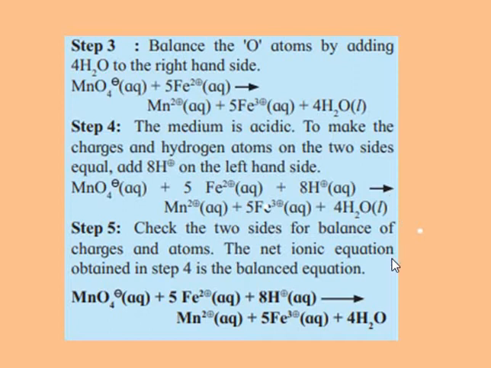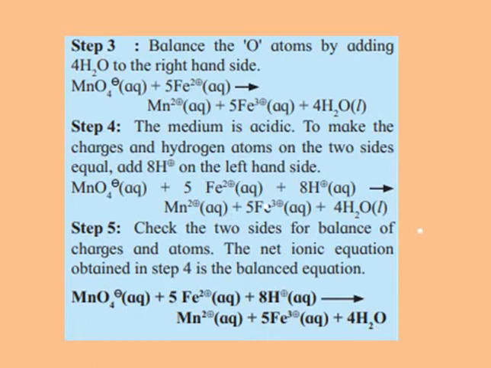Writing it once again: MnO4- aqueous plus 5 Fe2+ aqueous plus 8H+ aqueous gives Mn2+ aqueous plus 5 Fe3+ aqueous plus 4H2O. And this is the balanced chemical equation.